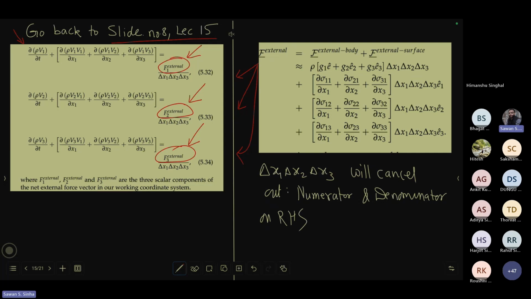All have been completed now, and now I am in a position to replace these things in terms of sigma or its derivatives, stress or its derivatives, or body forces G1, G2, G3, borrowed from here.